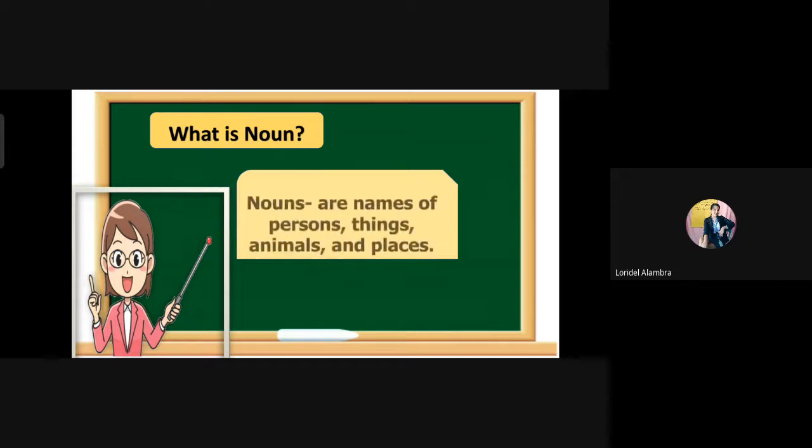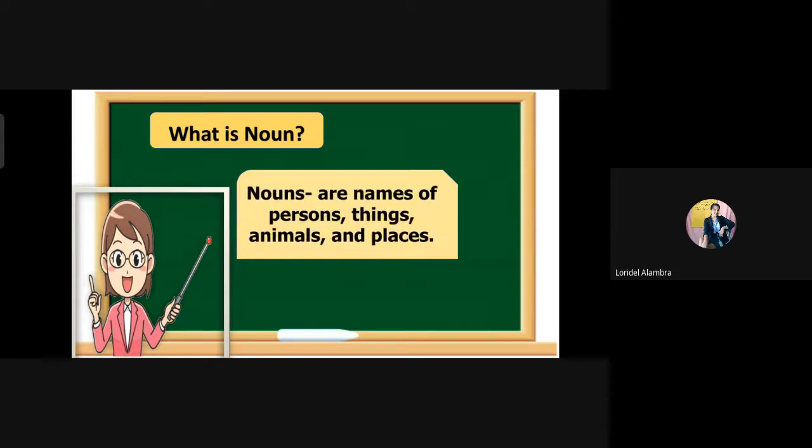Pam, Karen, bags, pencil, shoes, and Rizal Elementary School are examples of nouns. So again, what is a noun? Very good. Nouns are names of persons, things, animals, and places.